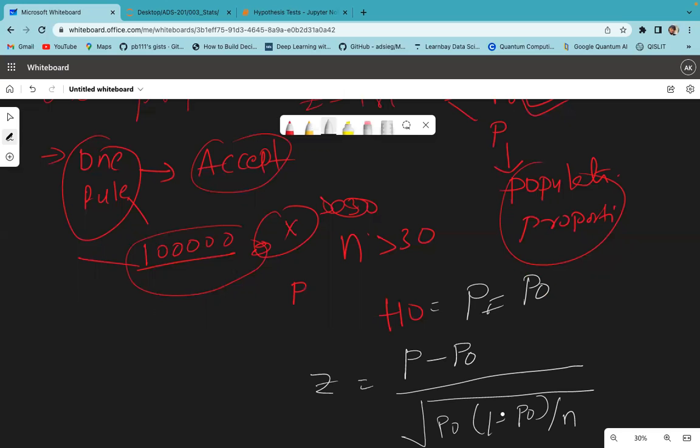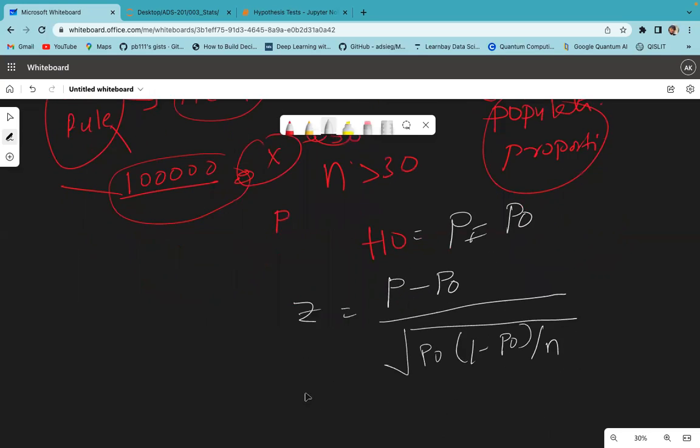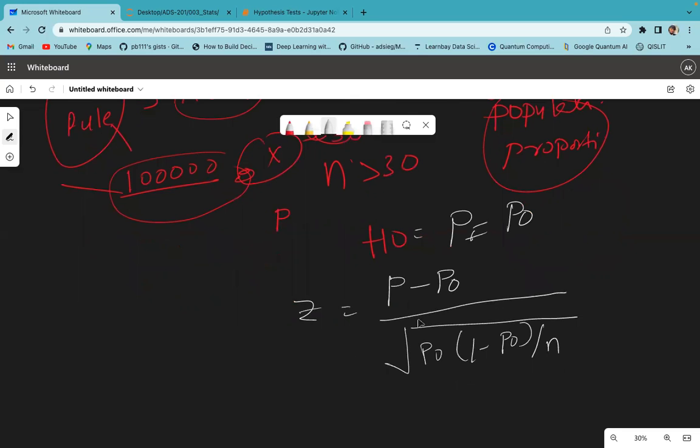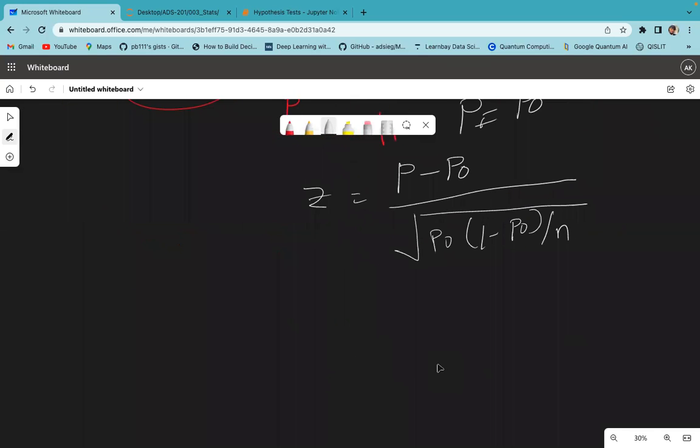In this situation your degree of freedom is n minus 1. Even this kind of problem you can solve when you are considering proportions.